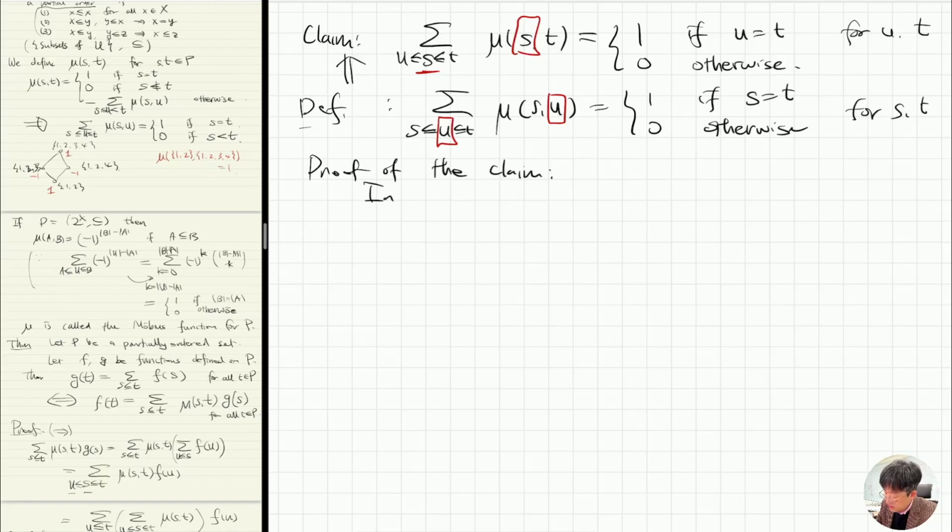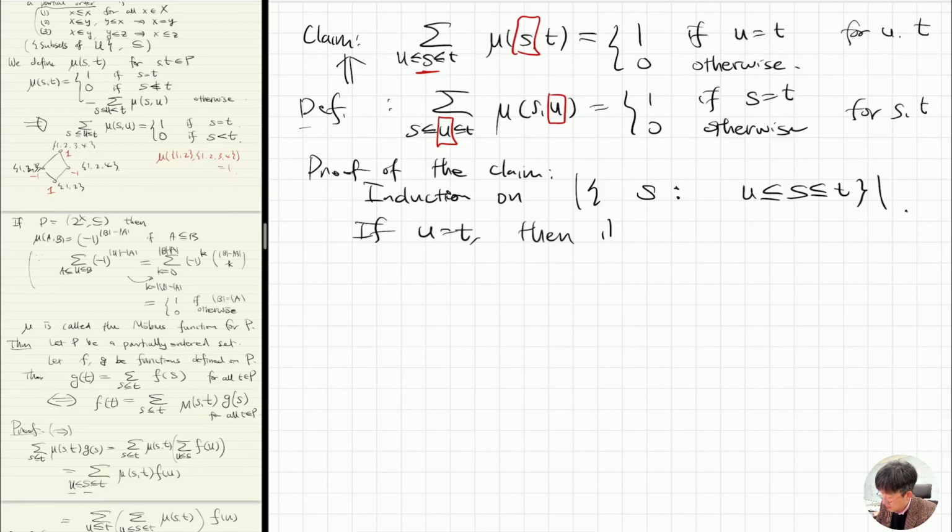I'm going to do induction on the number of elements between u and T. Let's say S is between u and T. If u is equal to T, then it's trivial. Now let's consider the following sum.